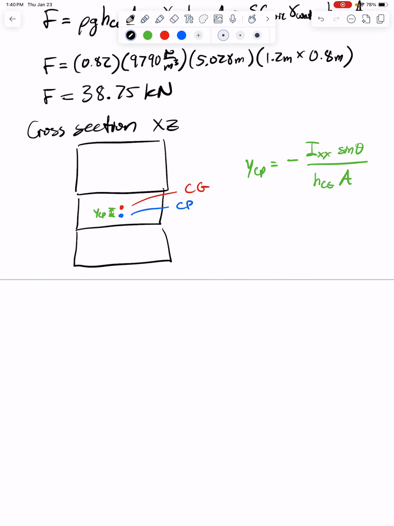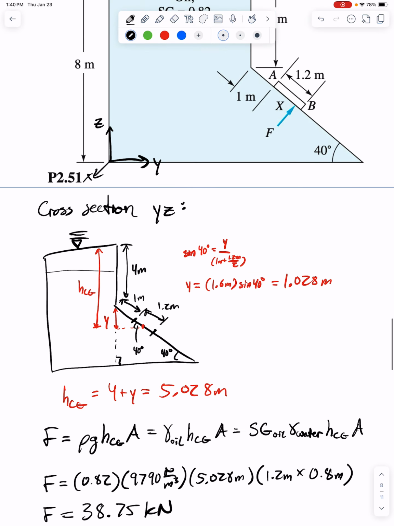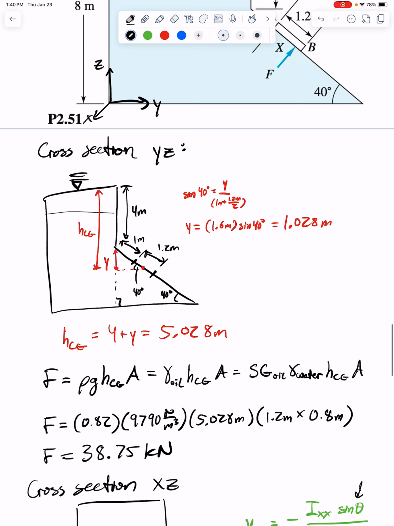Let's start with the sine angle term first. As you see here, our gate is sitting on an incline. That's why that sine angle matters. However, if I were trying to figure out the CP for this top surface or this bottom surface, the angle is 0 because there's no inclination.